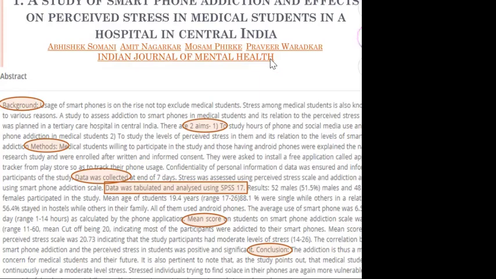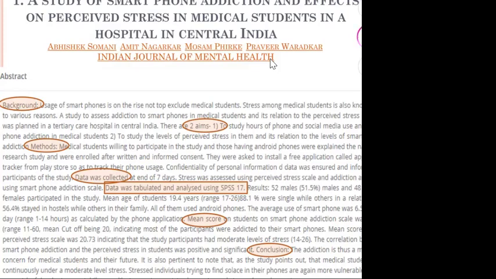Stress among medical students is also known due to various reasons. So a study to assess addiction to smartphones in medical students and its relation to perceived stress was planned in a tertiary care hospital in central India.